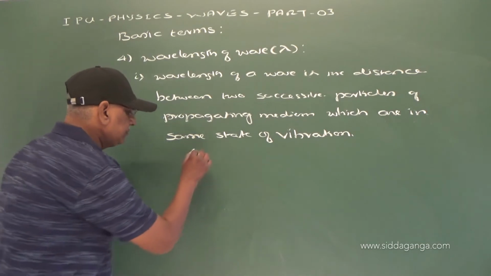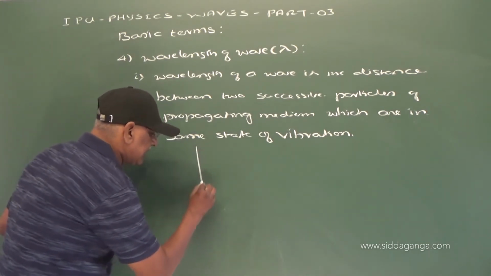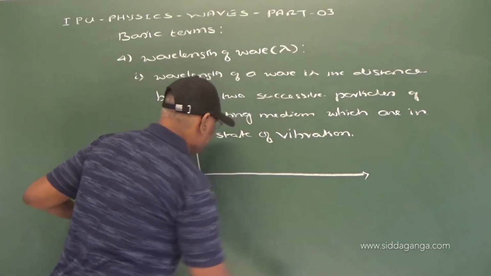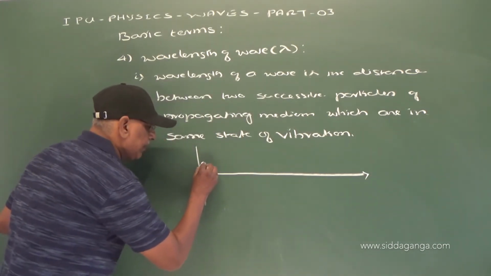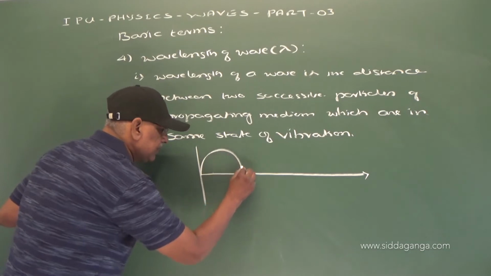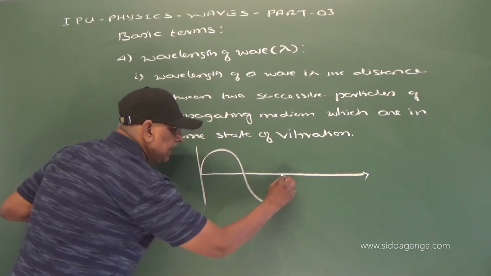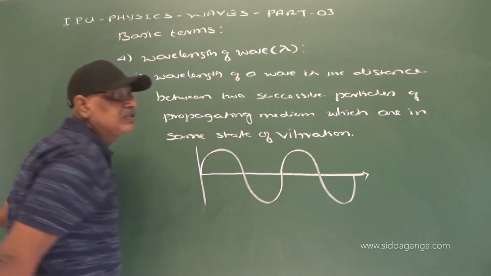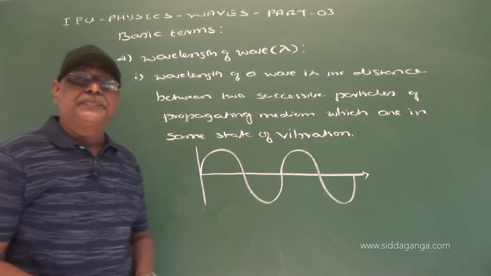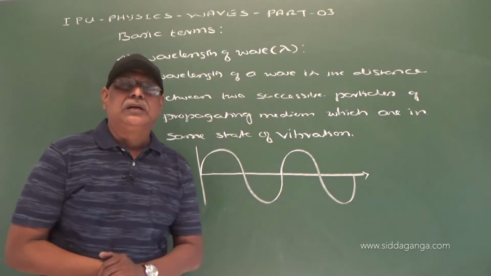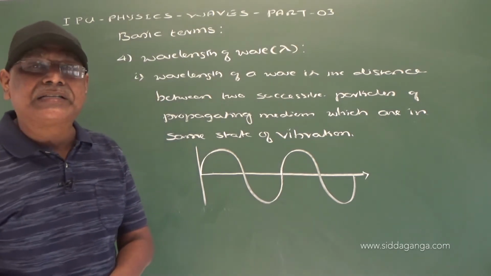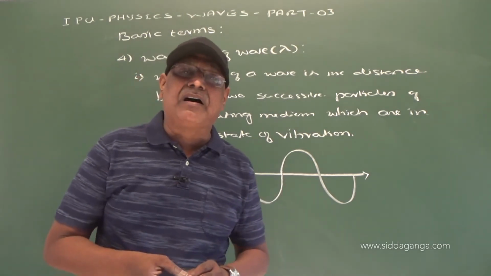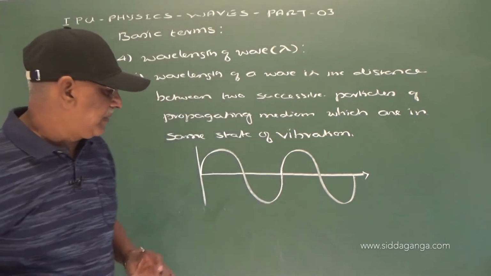For example, let us consider a transverse wave propagating through a medium. We know that a transverse wave consists of a series of alternate crests and troughs.